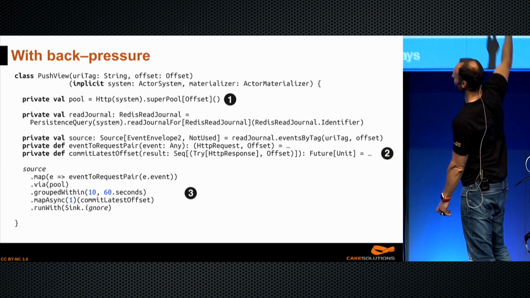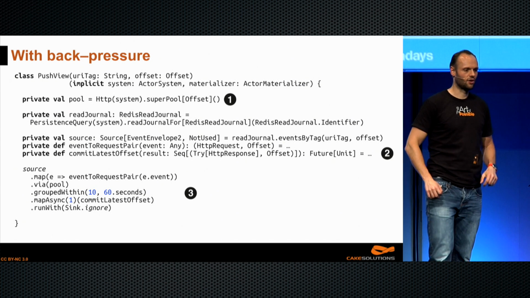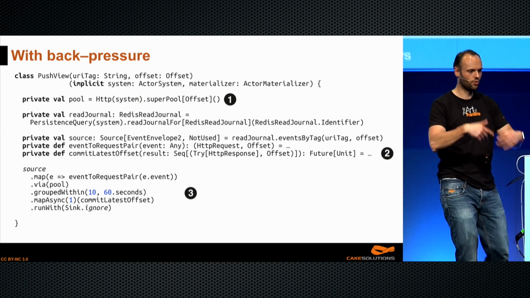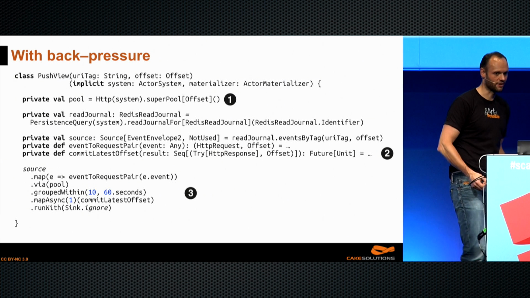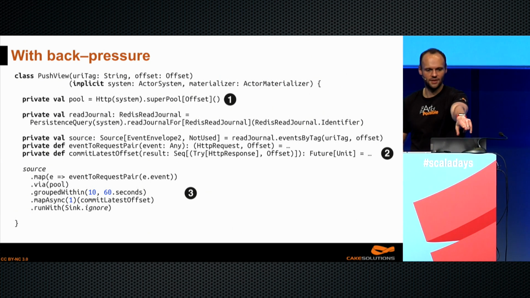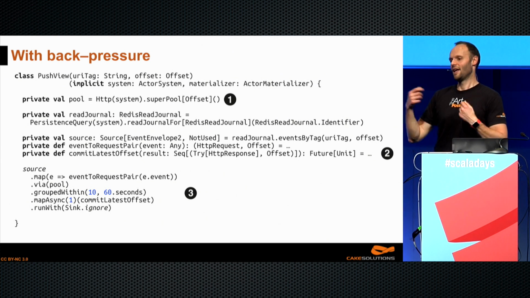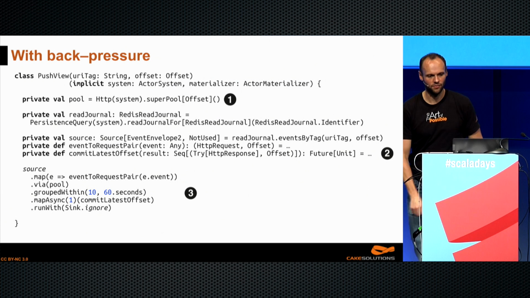Well, as you start up these nodes that make up your system, you can make instances of this push view because you know what your clients are. You have the URLs. So you can make like 10 instances of this guy, each with a different URI tag that defines essentially where to put the stuff to and where to begin reading from the offset.